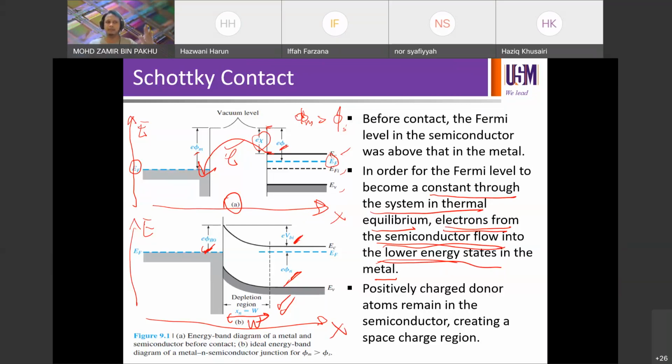And the same is also applicable for the metal semiconductor junction here, where the electrons are going to flow into the lower energy states. As a result, positively charged donor atoms remain in the semiconductor, creating a space charge region, SCR. So we're going to have SCR formed in the semiconductor region, forming the depletion region. We normally label this as W.